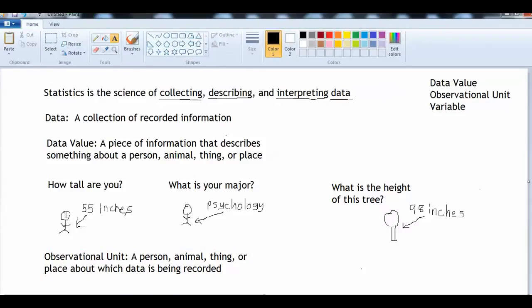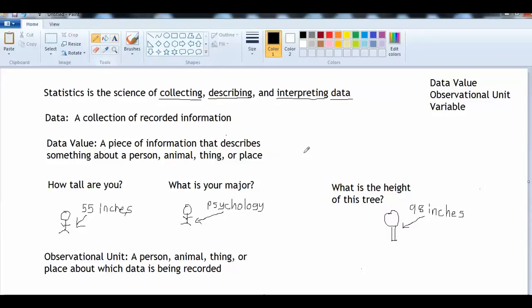So this person right here, and this tree are all observational units. They're all people, or, in this case, people or things that we're recording data about.